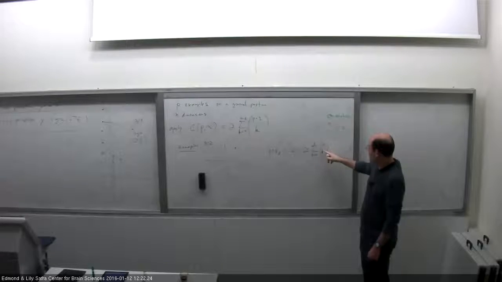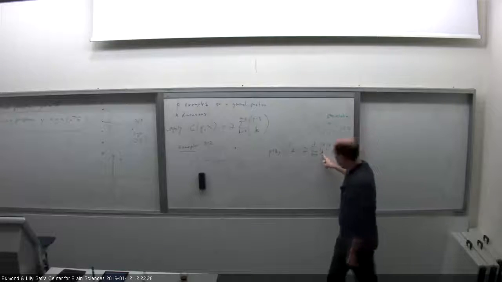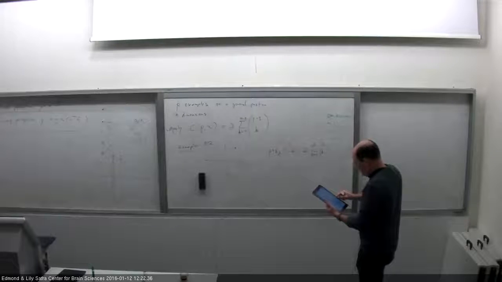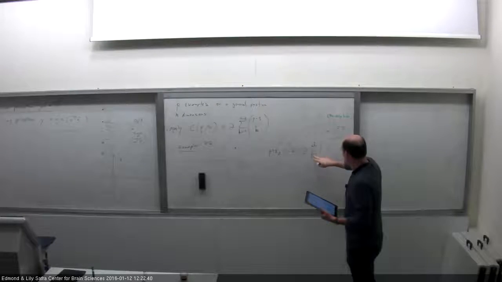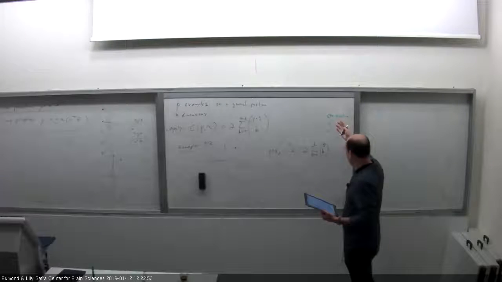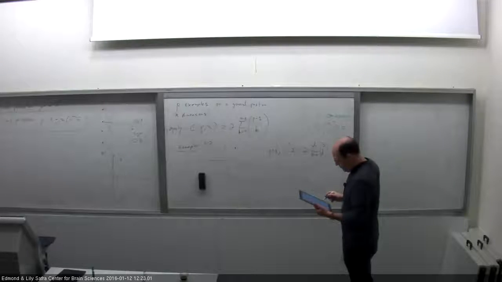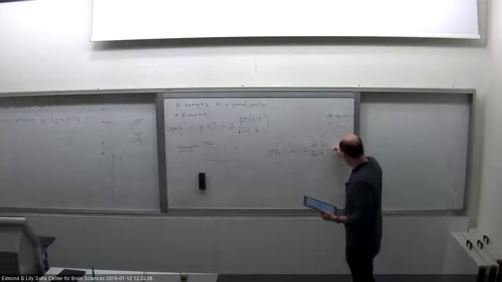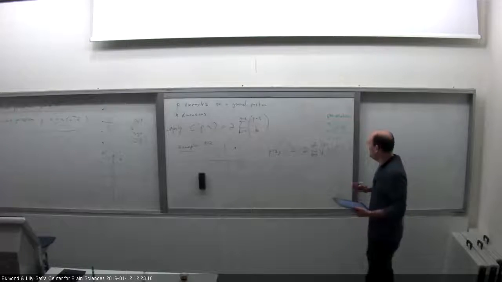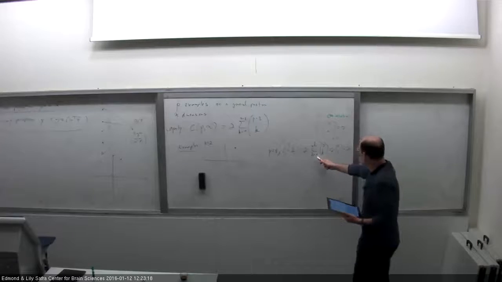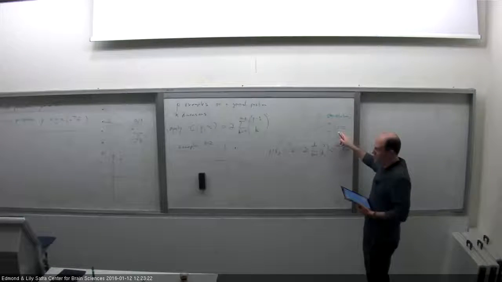So when k is equal to 0, it's 0 choose 0, and when k equals 1, it's 0 choose 1, which is defined as 0.